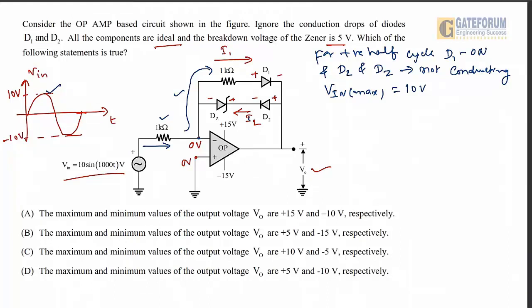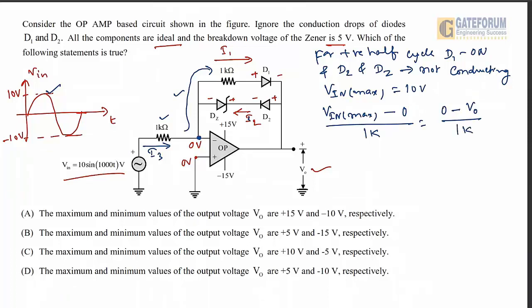In that way, we can apply KCL at the inverting terminal of this op-amp, and we can write V in max minus 0 divided by 1 kilo ohm. Let's say this is I3, so I3 is equal to I1. So V in max minus 0 divided by 1K is equal to 0 minus V out divided by 1K.